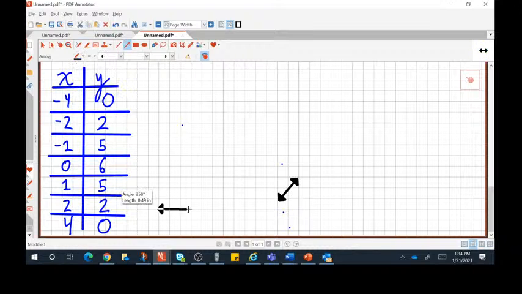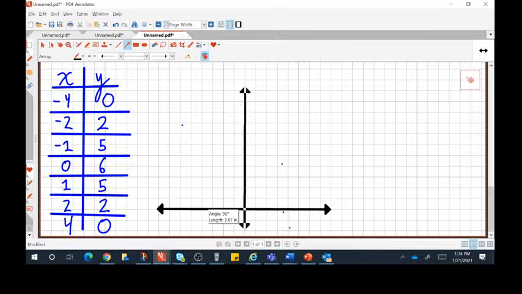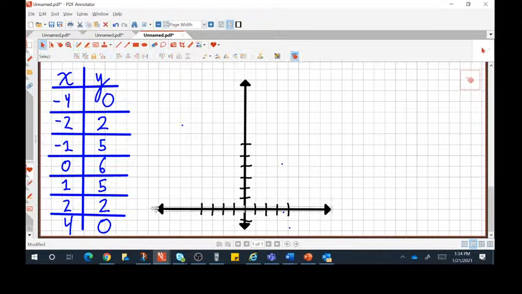It's going to go 4 left, 4 right, 6 up, 1 down.